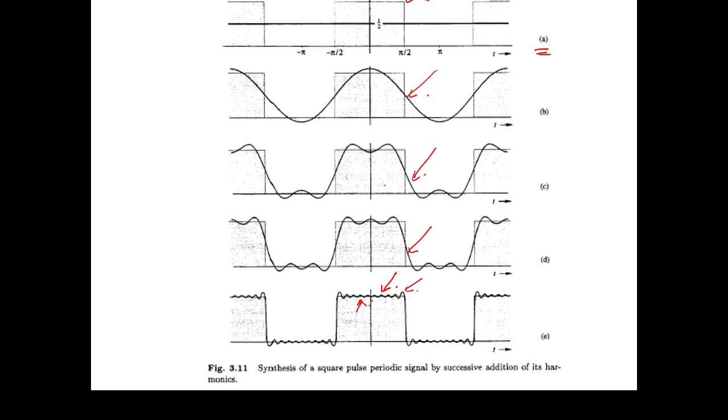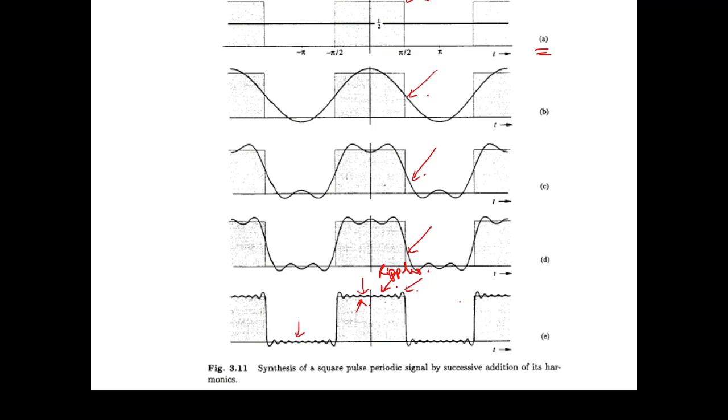However, if you see at the constant amplitudes, whether it is zero amplitude or the high amplitude value of the square wave or the pulsed wave, we are having some corrugations. These corrugations are regarded as ripples.